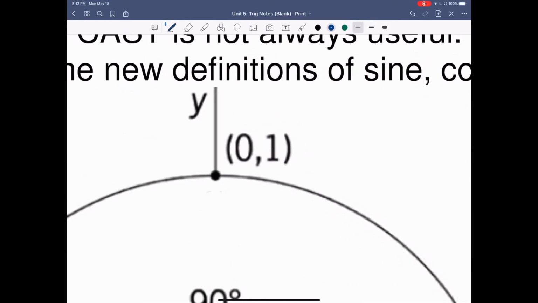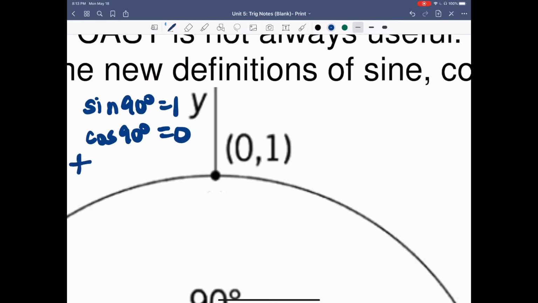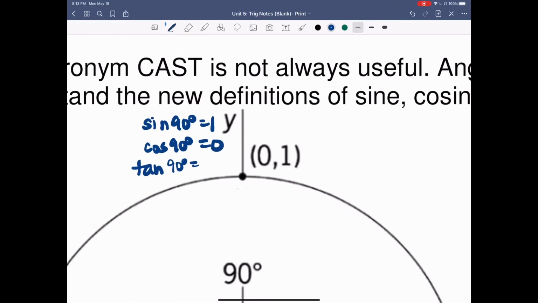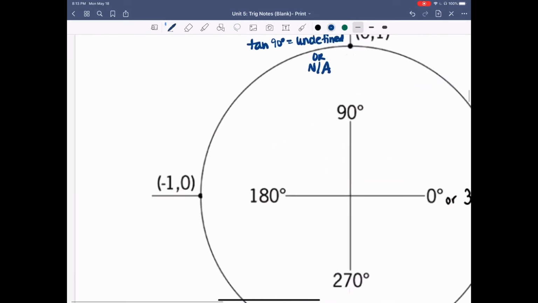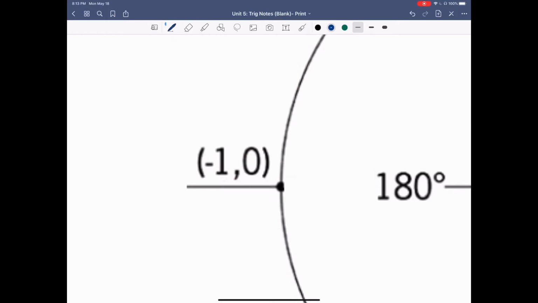We have 0, 1. So sine of 90 degrees, because we're at the 90 degrees point, is equal to 1. Cos of 90 degrees is equal to 0. Tan of 90 degrees, if you calculate that, you will get undefined, or NA. Let's go to the third coordinate, negative 1, 0. So sine of 180 degrees is equal to 0.